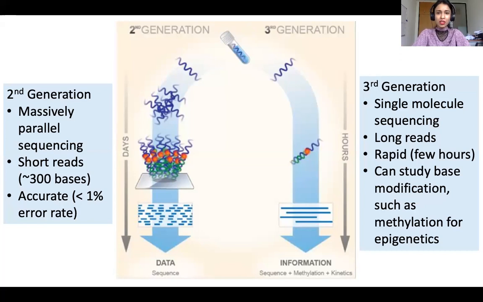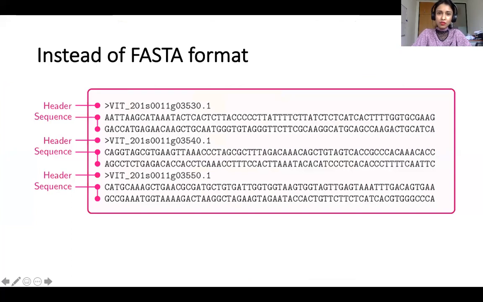Just having tons of data is not going to help if you do not know what to do next or how to make sense of it, okay? After you've done NGS or third generation sequencing, your data will be in a format called FASTQ, right? I think you are quite familiar with this term, FASTA, right? And this is how FASTA format data looks like.